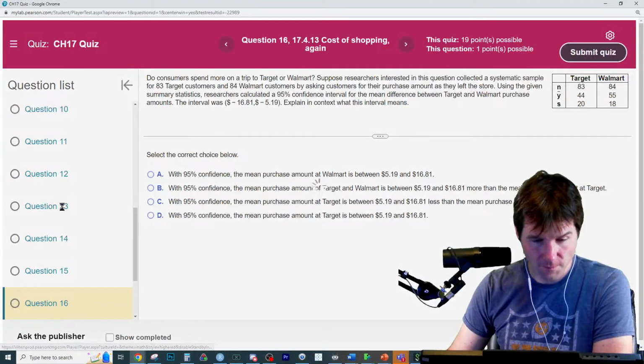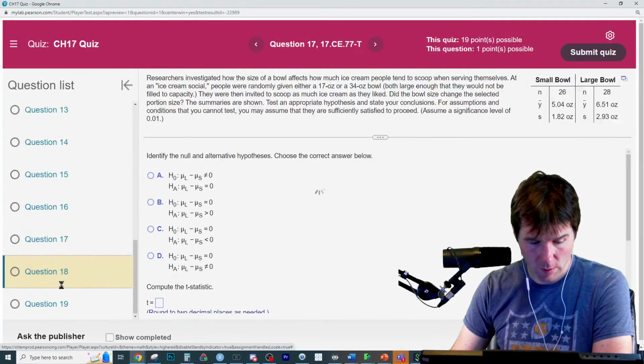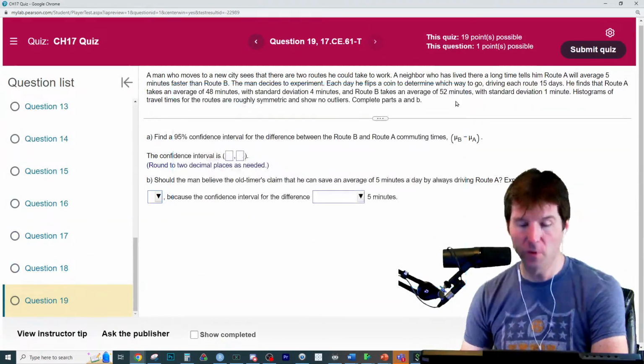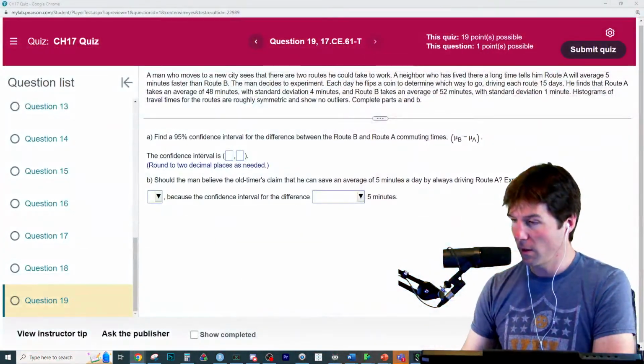That's the tougher part for a lot of people, is the looking up of the T. We'll find out. Here we go. Man moves to new city. And let me mark this in the video right here.